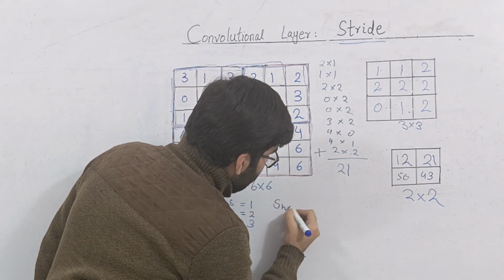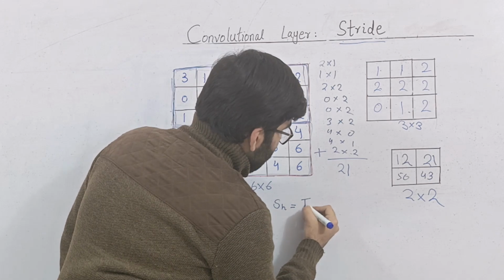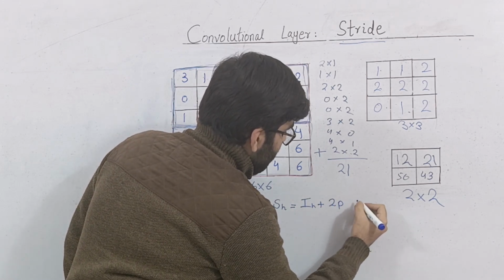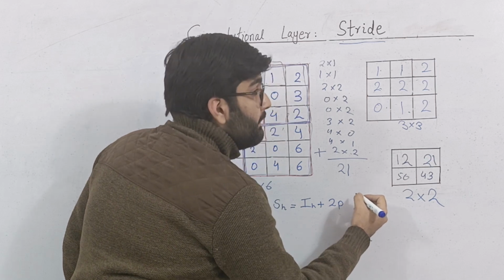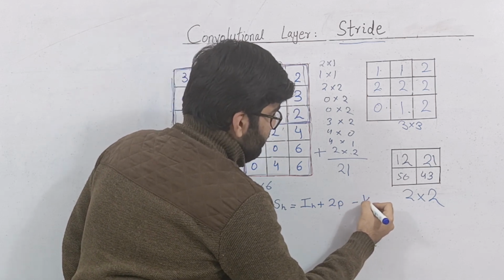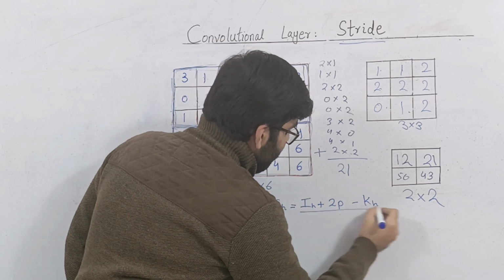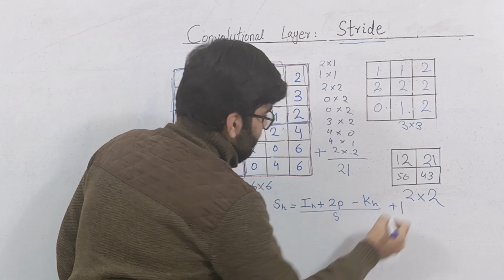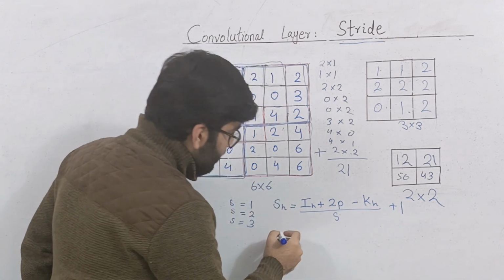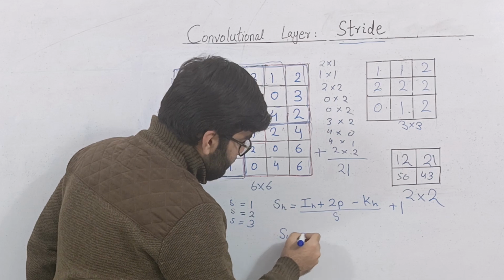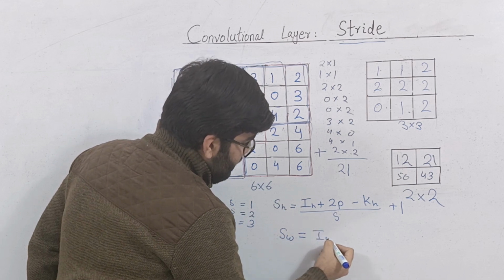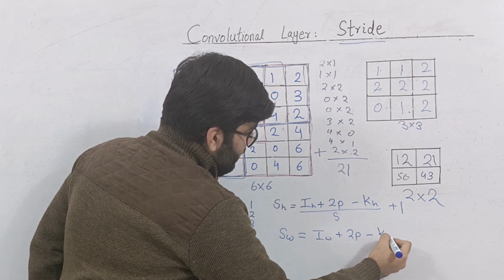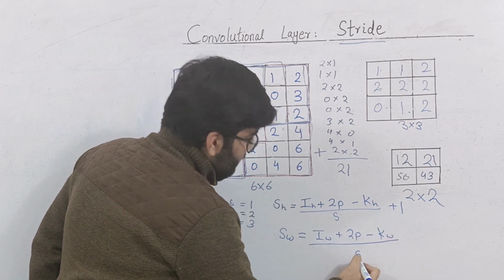The height of output is height of the image plus 2 into padding minus height of the kernel divided by the stride and an addition of 1 here. Similarly, the width will be width of the image plus 2 into padding minus width of the kernel divided by the stride.